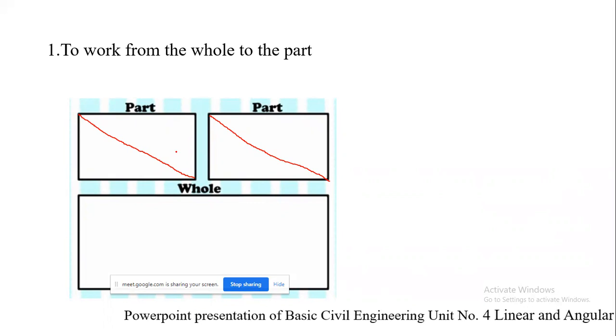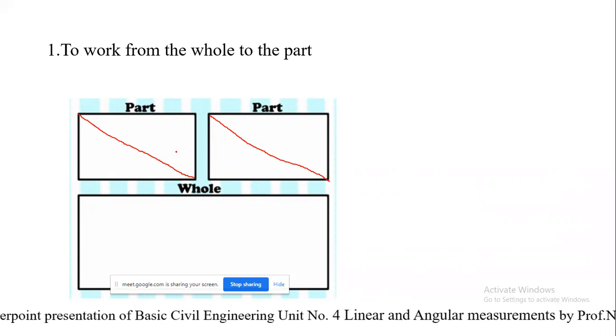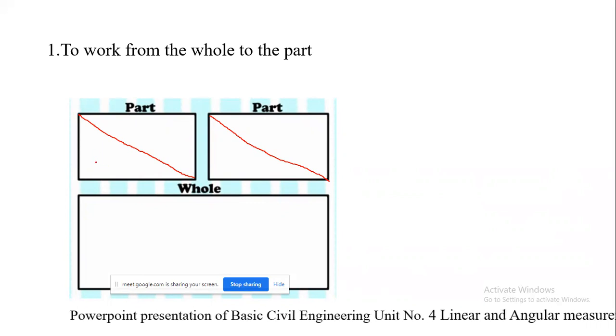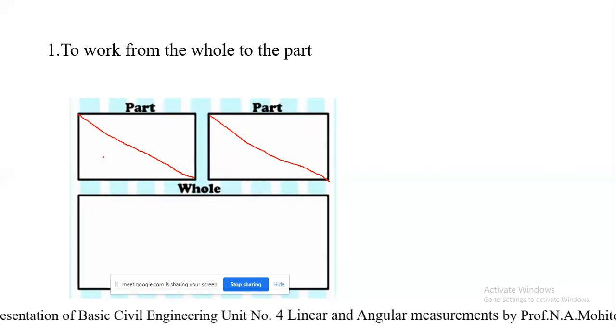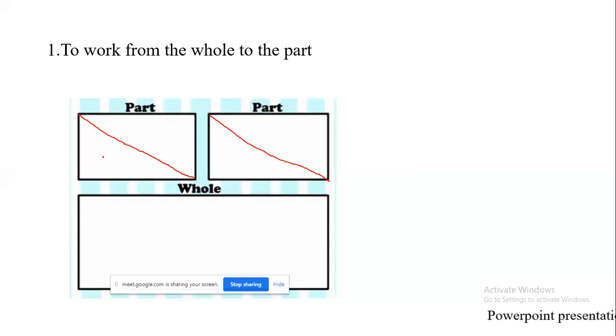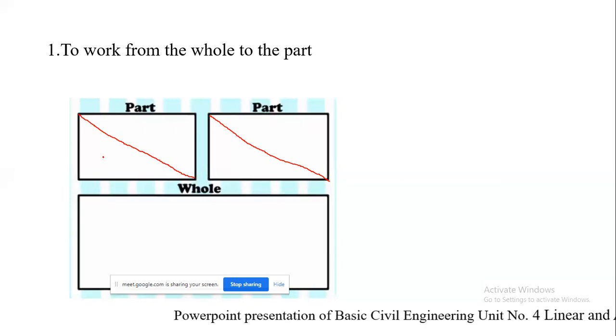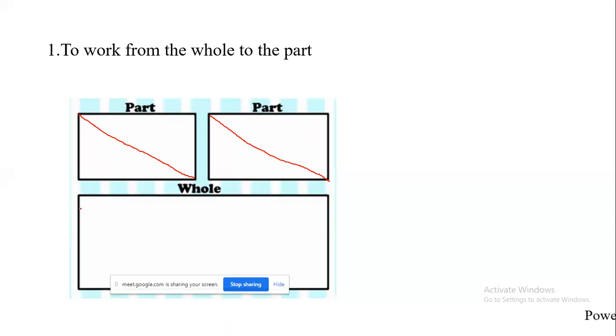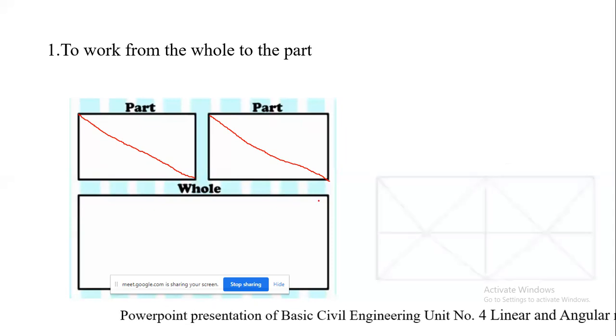During this procedure, if there is any error in the measurement of any side of a triangle, it will not affect the whole work, because if there is an error in this part, we can get it corrected there only. If the reverse process is adopted, that is from part to whole, it will lead to accumulation of errors and you will not get what the error is.